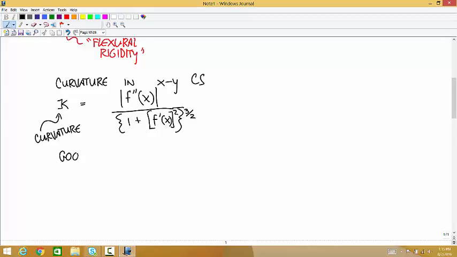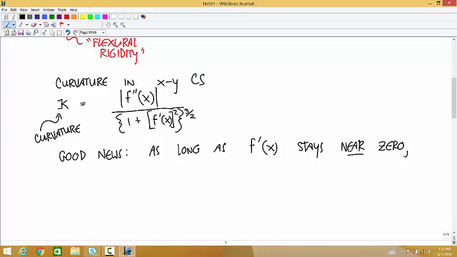But the good news is as long as f prime of x stays near 0, the curvature is about equal to the second derivative of the function.